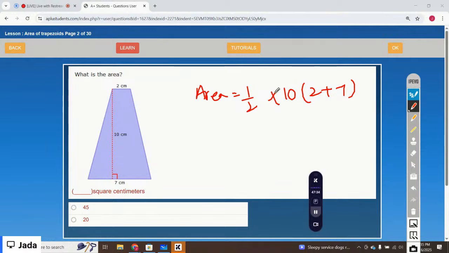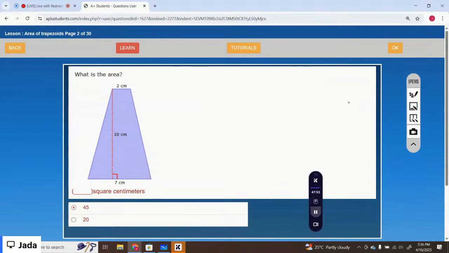That is 9 times 10 is 90. Ninety divided by 2 is 45. Option number 1 is the correct option.